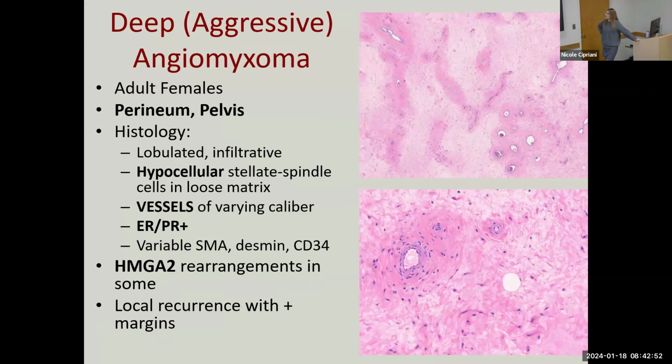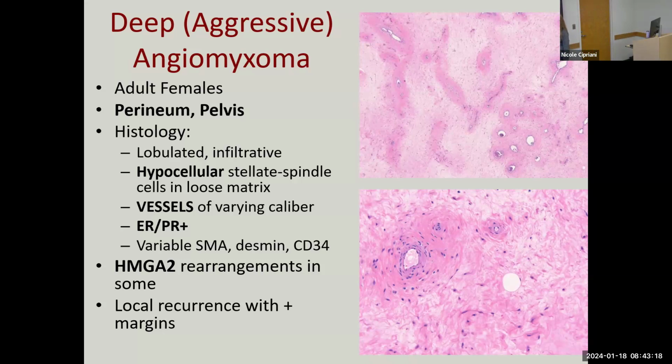Most often you'll see this on the GYN service, because it's often in a perineal or pelvic location, so the GYN surgeons deal with it. But again, it is this paucicellular myxoid to collagenous stroma, richly enriched in blood vessels, which tends to express ER and PR, and can have HMGA2 rearrangement.